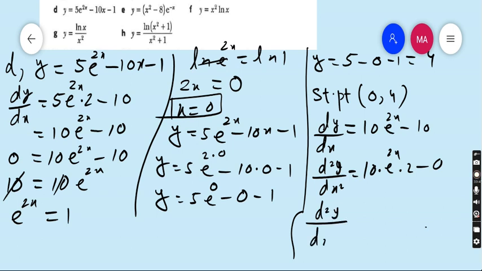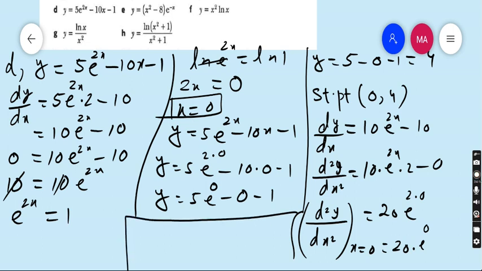d square y by dx square at x equals 0 is 20 e power 2x. So x is 0, 20 e power 2 into 0 is e power 0.